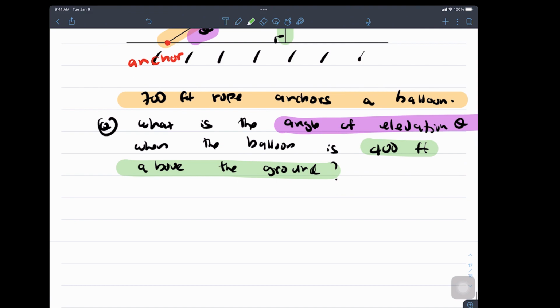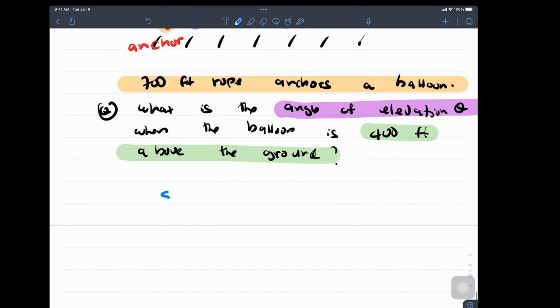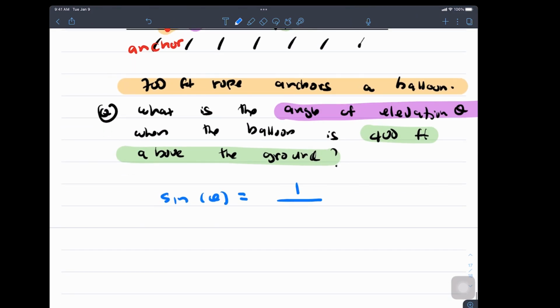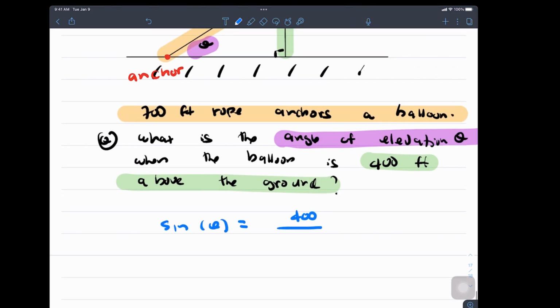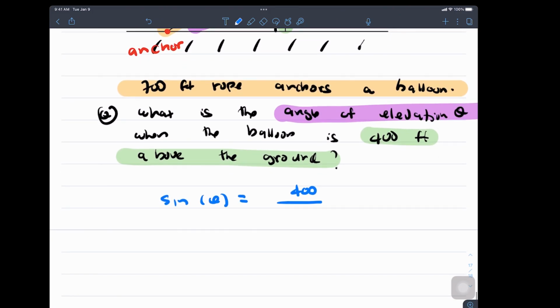Now you might say, Mr. Judge, what do I do? Well, use what were you given? Opposite over hypotenuse. Is that true? So by definition, sine theta equals the opposite side of 400 feet, the hypotenuse of what? 700.